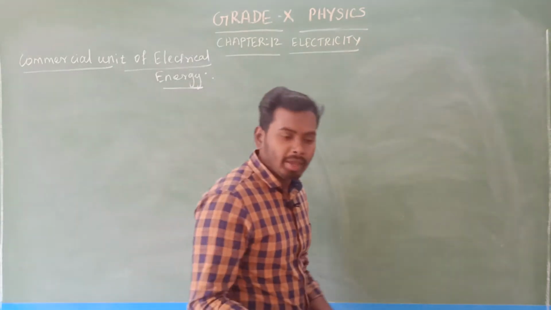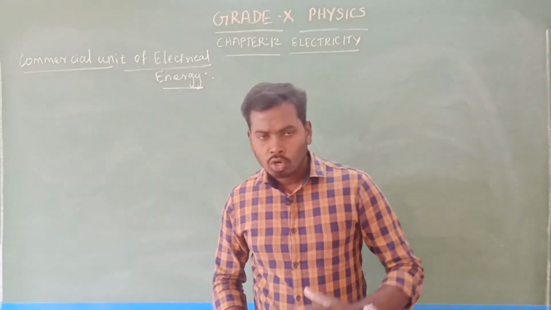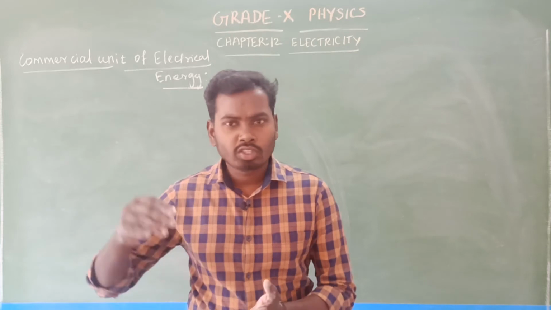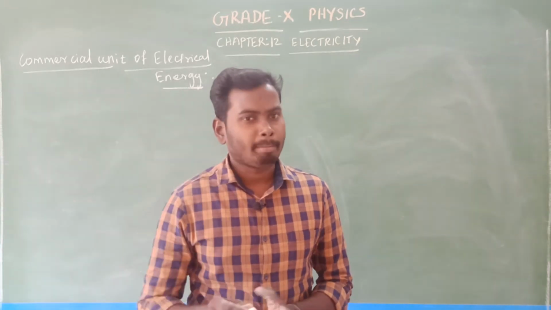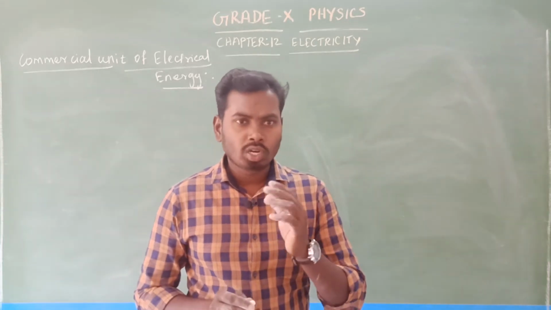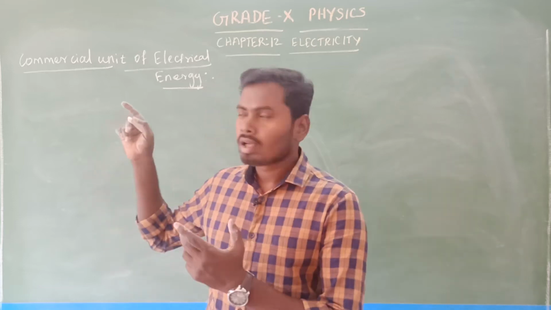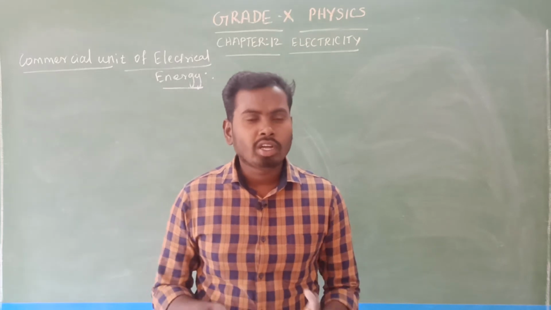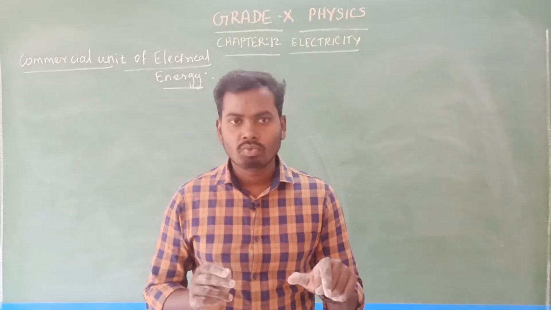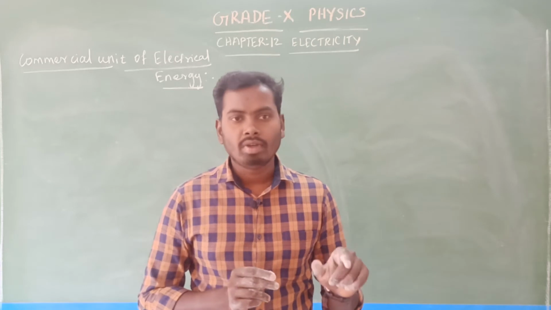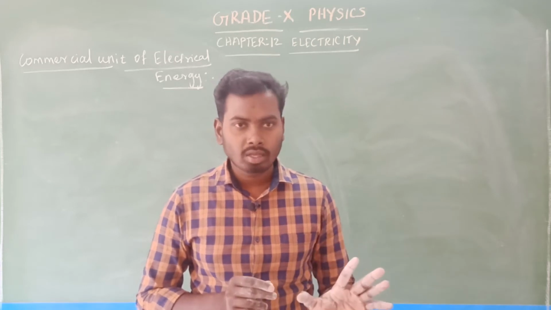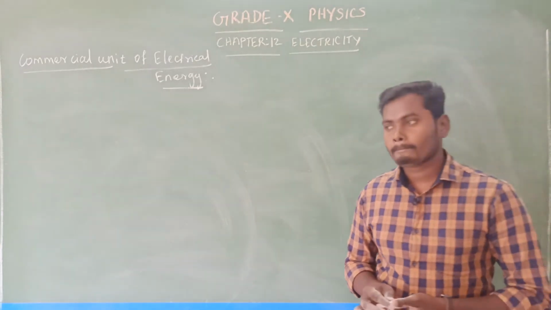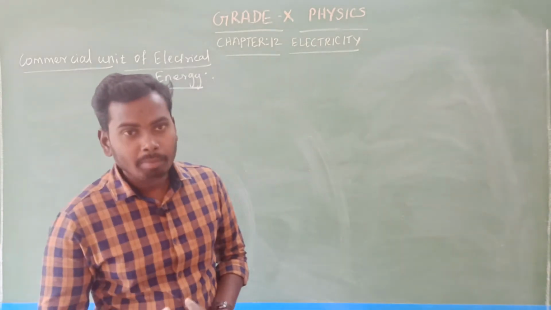Already we have a formula to calculate how much electrical energy is consumed by an object when it is used for a particular time, that is energy equals power into time. So what is the commercial unit of electrical energy, and why do we need it? That is a very important question. Look here. Commercial means nothing but money, economically.